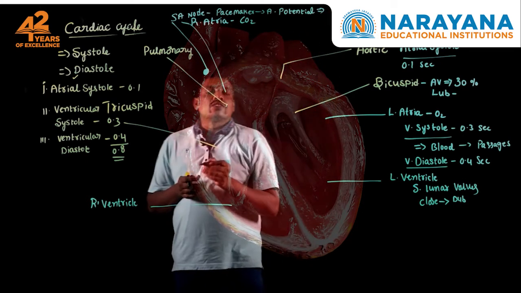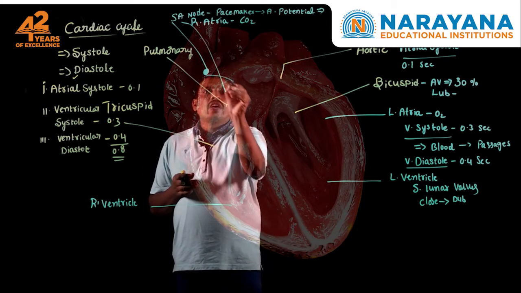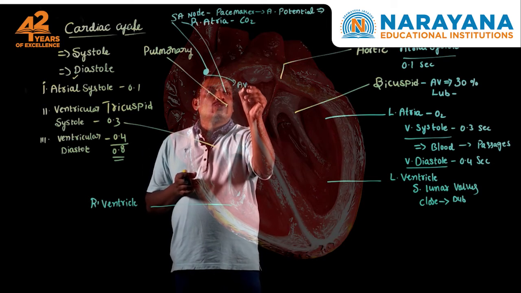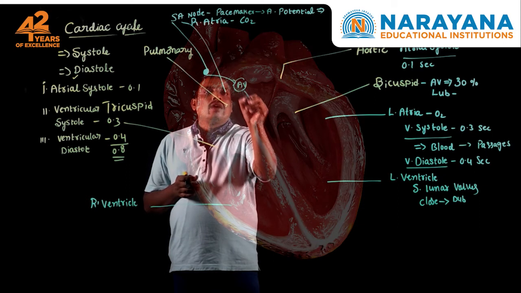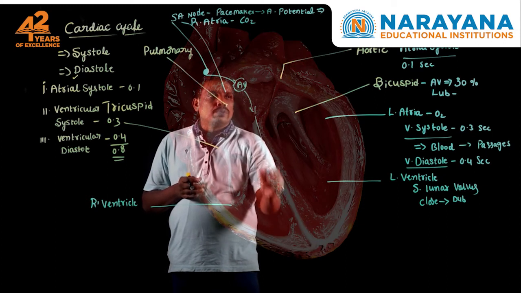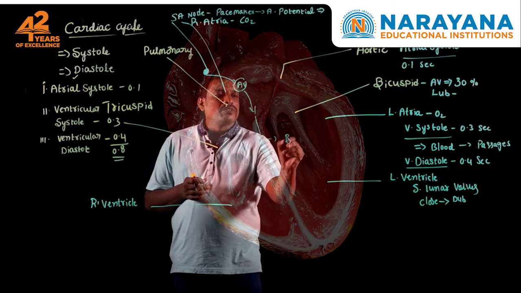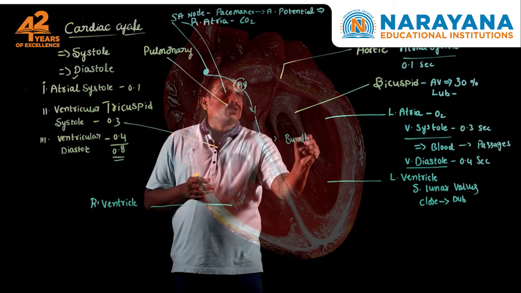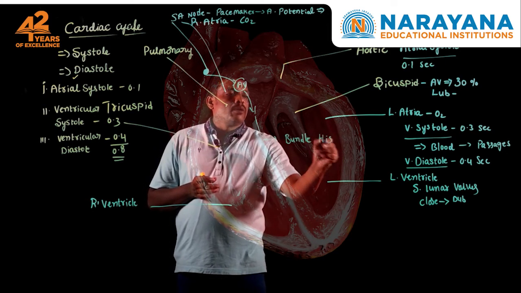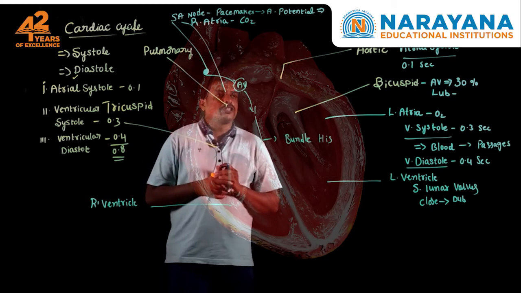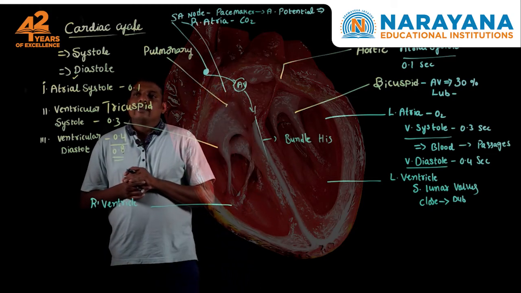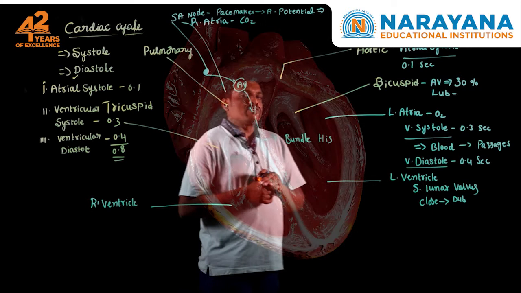The SA node transfers this action potential to the AV node. Through this AV node, the action potential will move to the bundle of His. Through this bundle of His, Purkinje fibers receive this action potential, and again the atrial systole will be started.